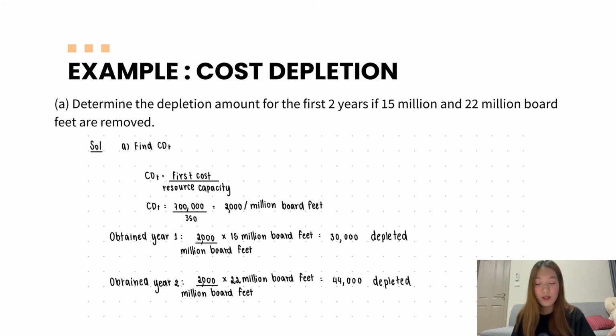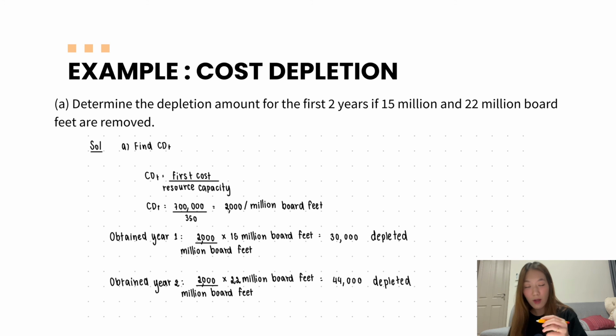For the solution of A, the first one, we have to find CDT first, and the CDT formula is given, which is first cost divided by resource capacity. So we just plug in the value of first cost, which is 70,000, and divide by resource capacity, which is 350, and the result is 2,000 per million board feet.